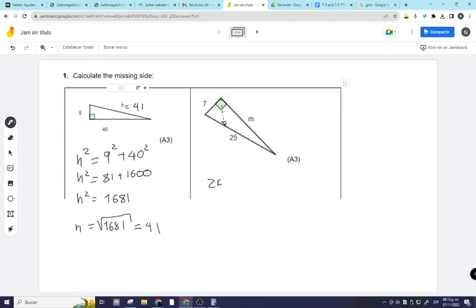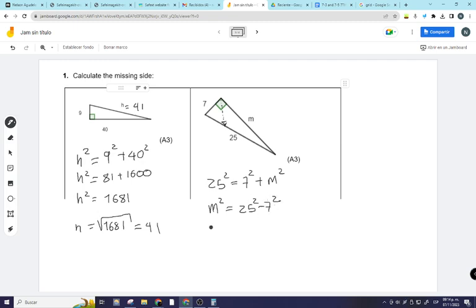So 25 squared should then be 7 squared plus m squared. Okay, but you know this trick. If we want to find the leg, you can actually find it by subtracting the other two values squared.